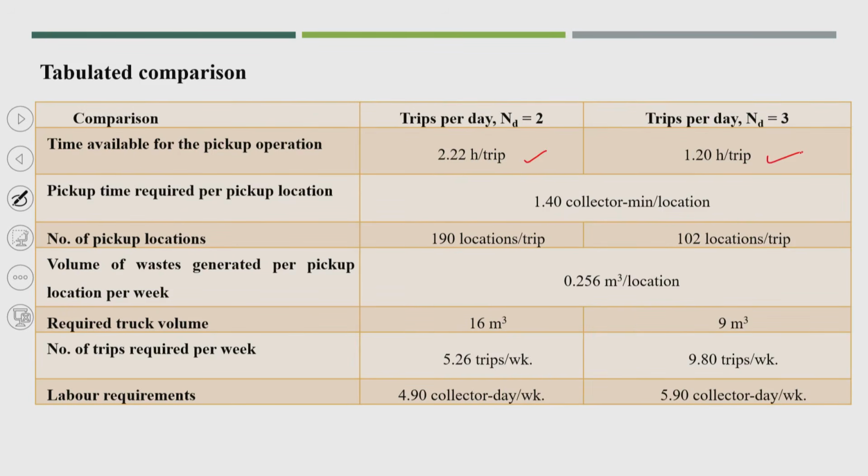The large value is in ND2, the number of pickup locations is more in ND2 compared to ND3, and your vehicle size is large compared to ND3, and the number of trips is lower compared to ND3, but if you see the labor requirement or time required in a week, that is low compared to ND3. So, here ND2 is your answer. Okay.